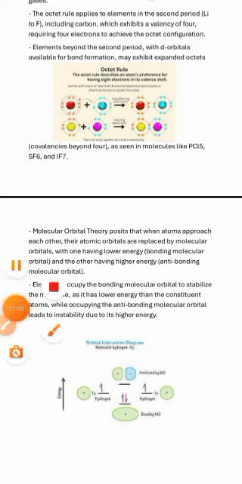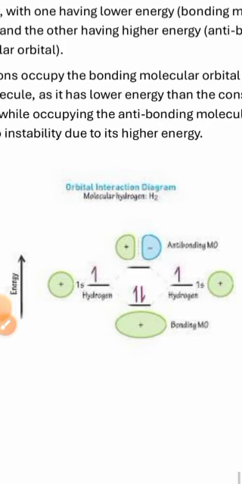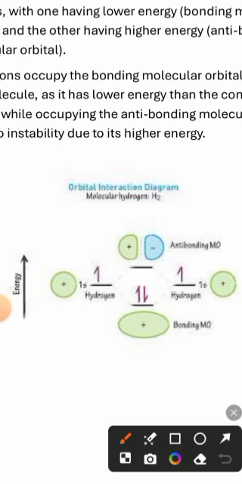So let us demonstrate this. Let us draw the diagram. This is the diagram explaining the molecular orbital.